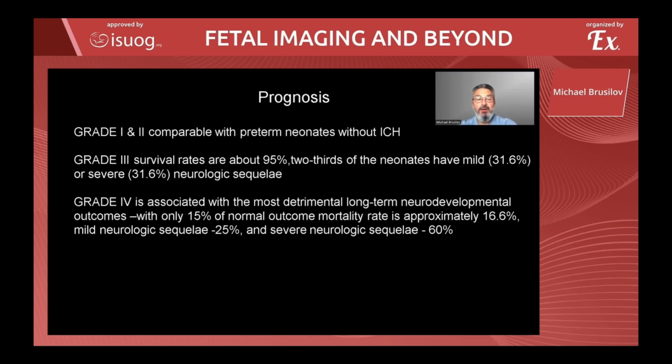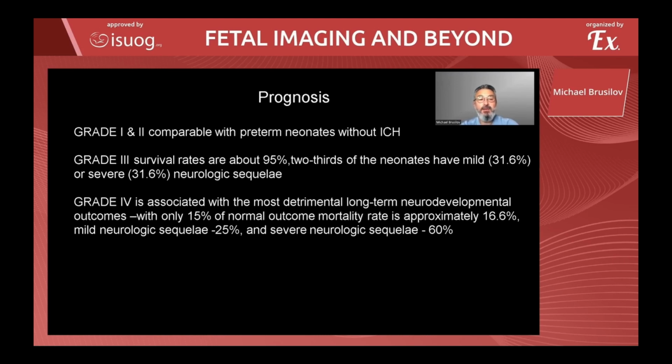Prognosis depends on the grade of the bleeding. Grade 1 and 2 are comparable with preterm neonates without bleeding. Grade 3 survival rate is about 95%. 2/3 of neonates have mild or severe neurologic sequelae.